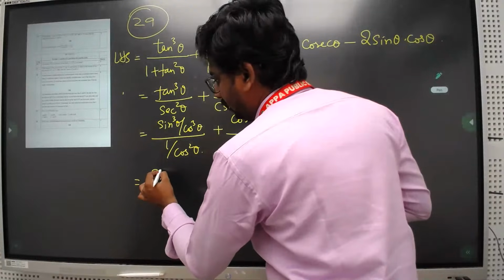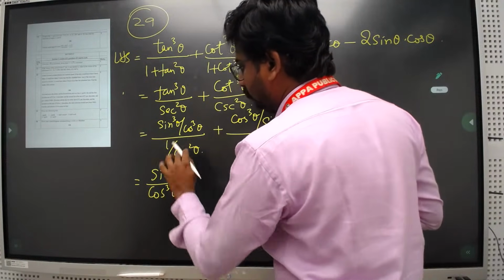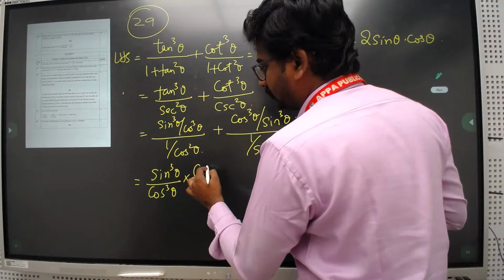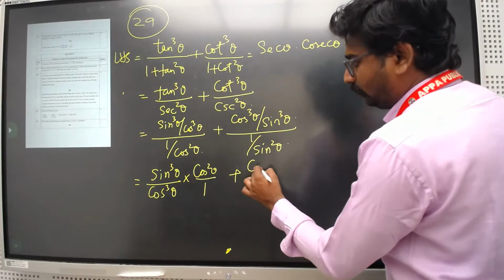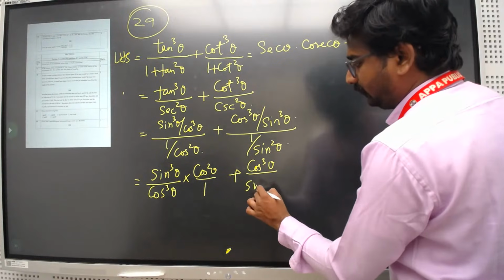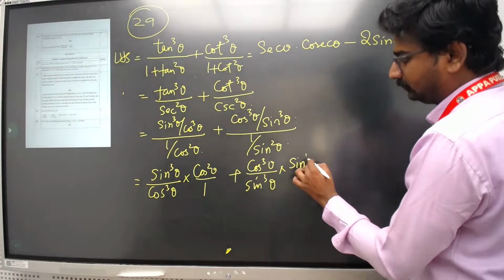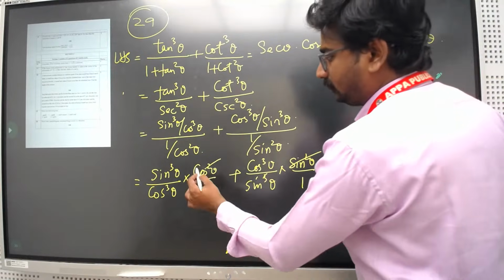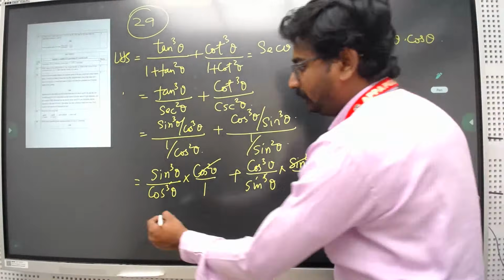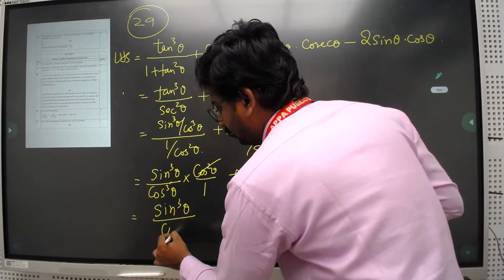Now sine cube theta by cos cube theta into 1 by cos square can be written as sine cube by cos square... plus cos cube theta by sine cube theta into 1 by sine square. Sine square gets cancelled, cos square gets cancelled. What is remaining? Sine cube theta by cos theta.